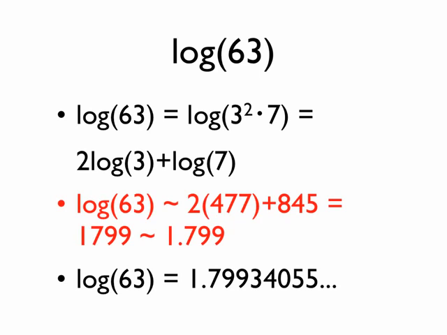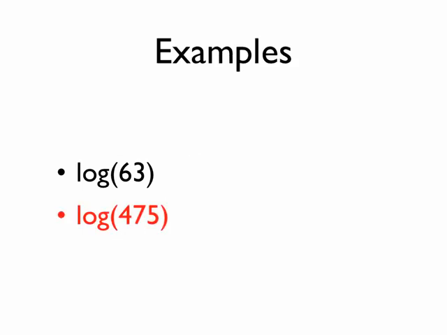There are different ways to add numbers quickly in your head, but that's kind of a prerequisite for being able to calculate these logs, because you're really turning these multiplication problems into addition problems. Anyway, that's about 1799 for 2 log 3 plus log 7, but if we put the decimal place back in properly, it's 1.799. And this is pretty close to the actual log of 63, so we're correct to 3 decimal places. The other example is log of 475.